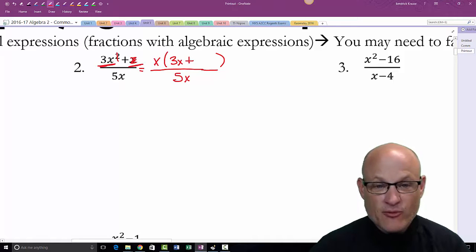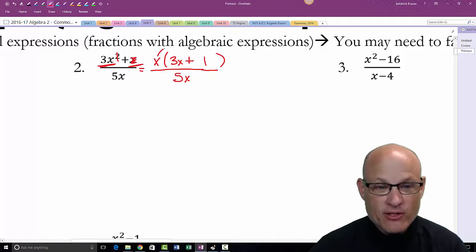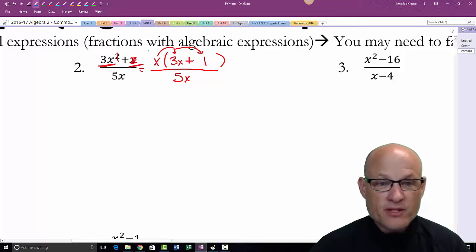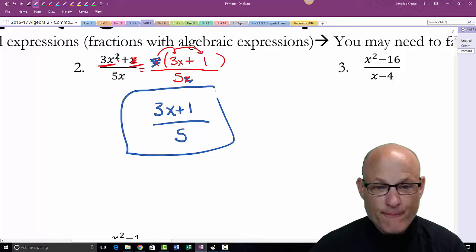If I take an x away from x, I'm left with 1. If I redistribute, I get 3x squared plus x. Now this x cancels with this x. So I'm left with 3x plus 1 all over 5. Bam.